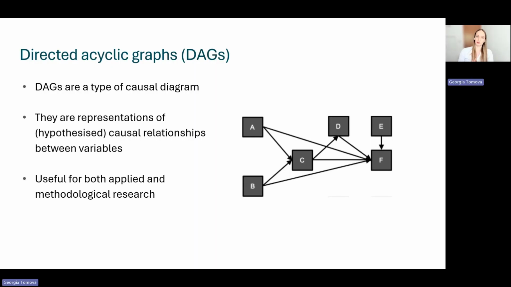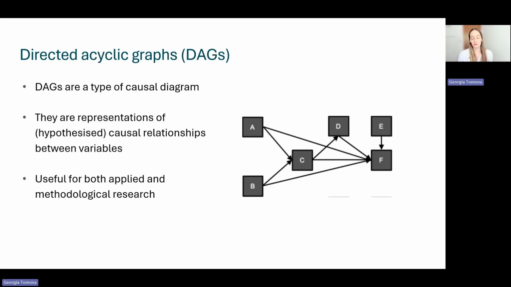So DAGs, which is short for directed acyclic graphs, are a type of causal diagram, a type of graph that, as the figure on this slide shows, is a representation of the hypothesized causal relationships that we believe exist between variables. For example, in this figure, we have a collection of different variables that are represented by these squares, and that are all connected by a set of different arrows that indicate these causal relationships.